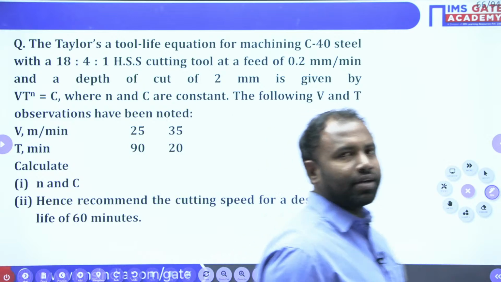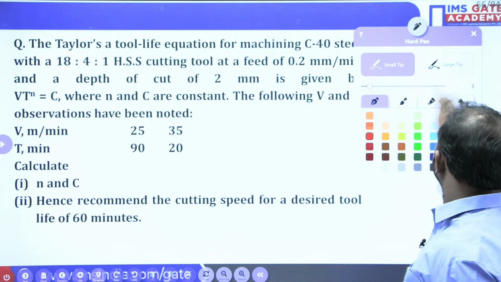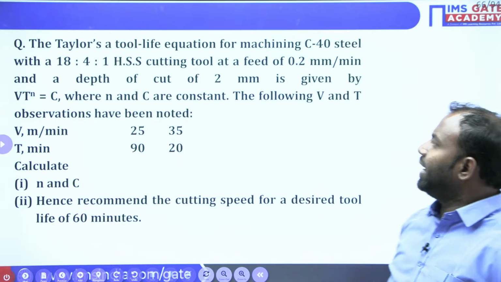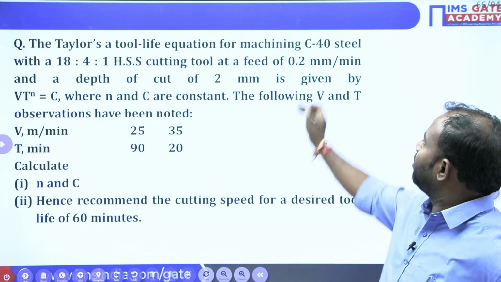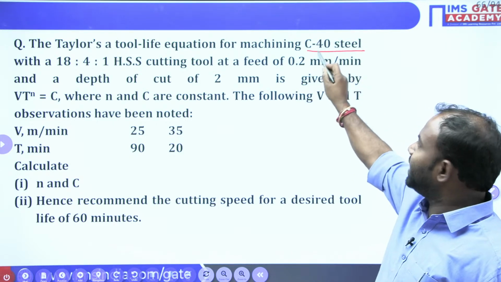Welcome back. Let me read the question once, guys. A Taylor's tool life equation for machining C40 steel. Here it is not the C value, it is a type of steel.